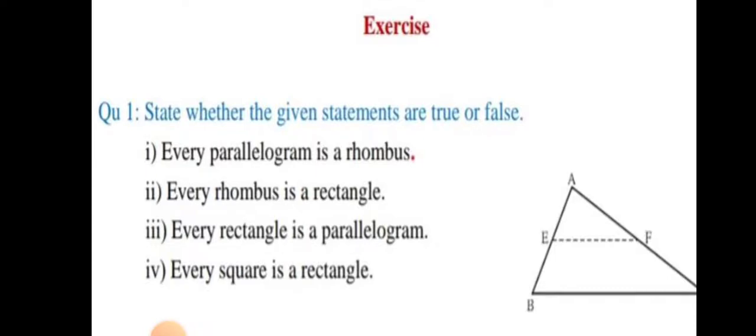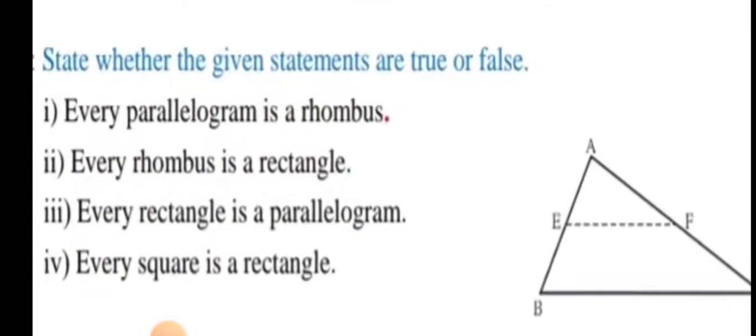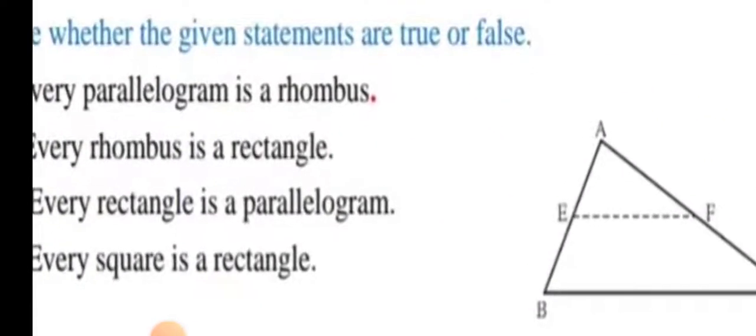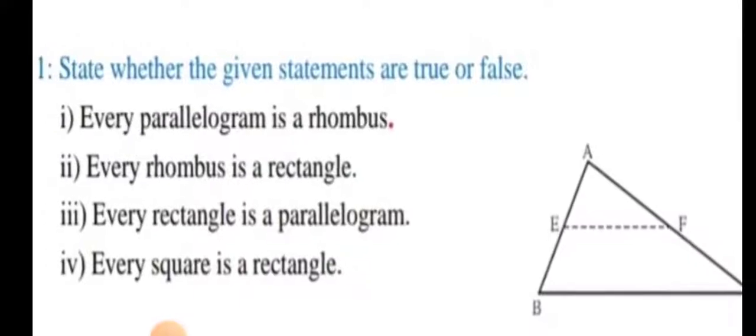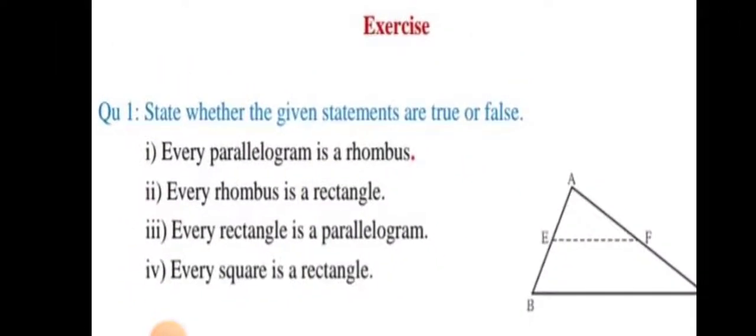Or fourth, every square is a rectangle. Note your opinion. In triangle ABC here, EF is parallel to side BC, and E and F are the midpoints of side AB and AC respectively.